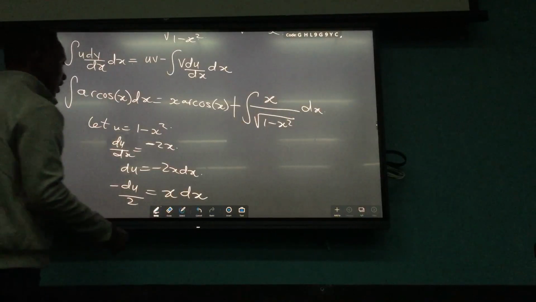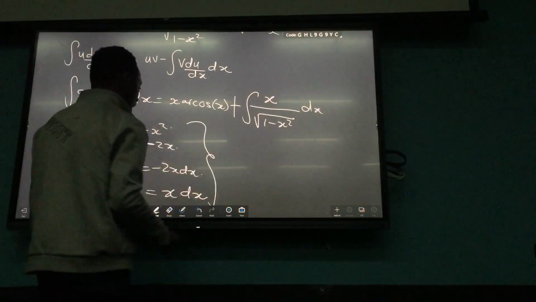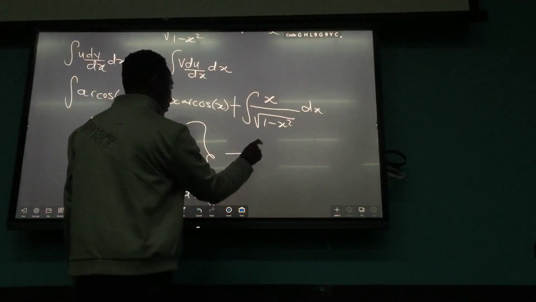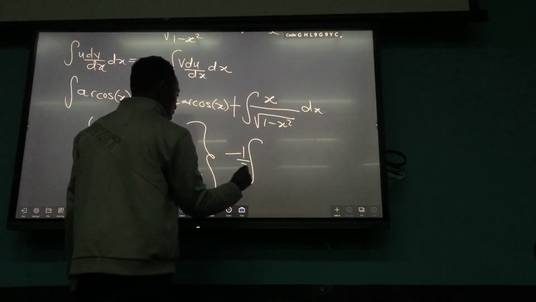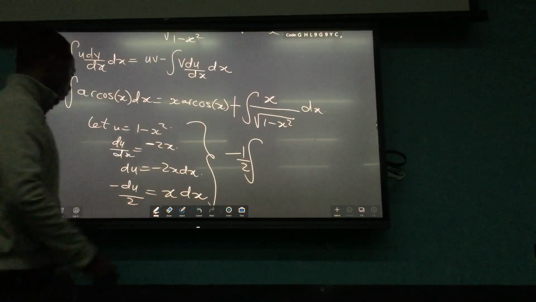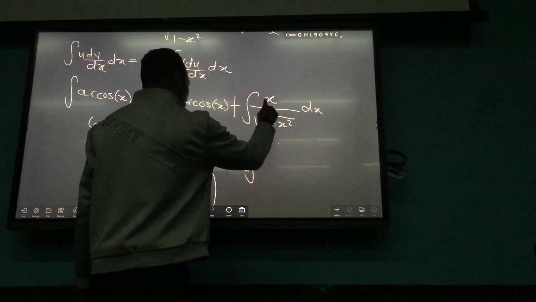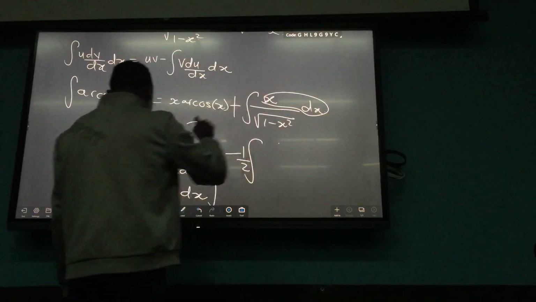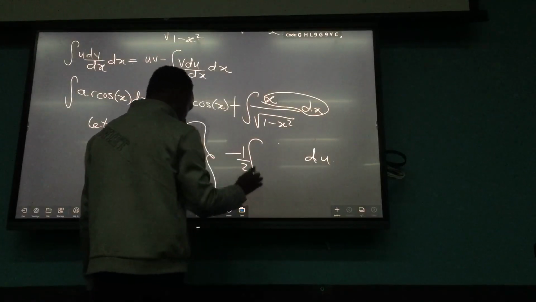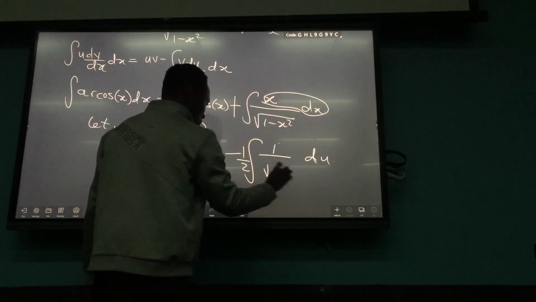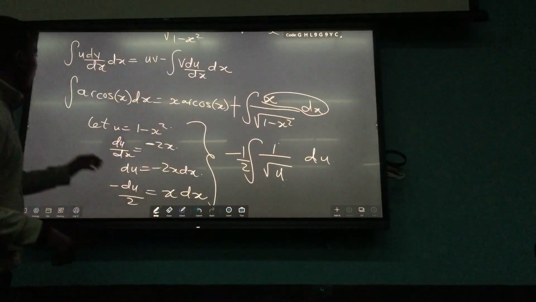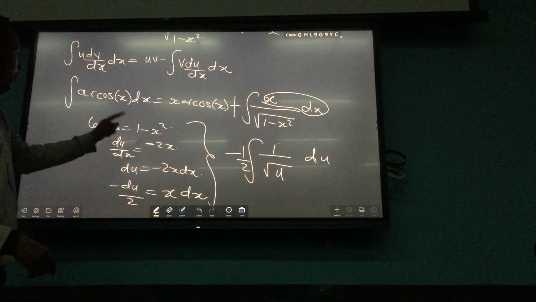So what this then means is that we're going to have minus 1 over 2 times the integral of 1 over the square root of u du. Basically where we have x dx, we are removing that and putting minus a half du, and inside the square root sign we put u, because we let u be 1 minus x squared.